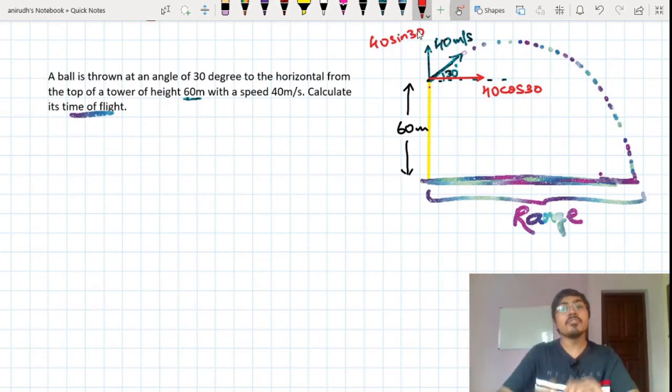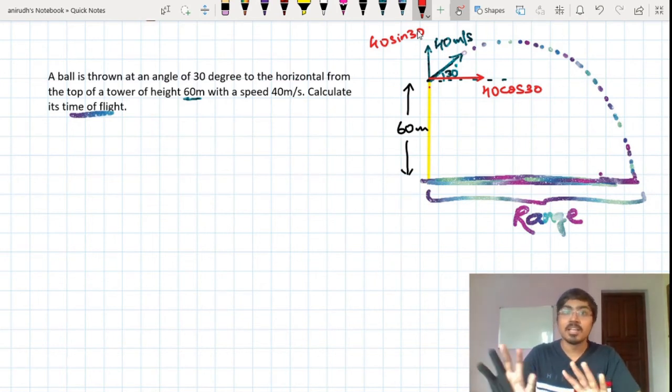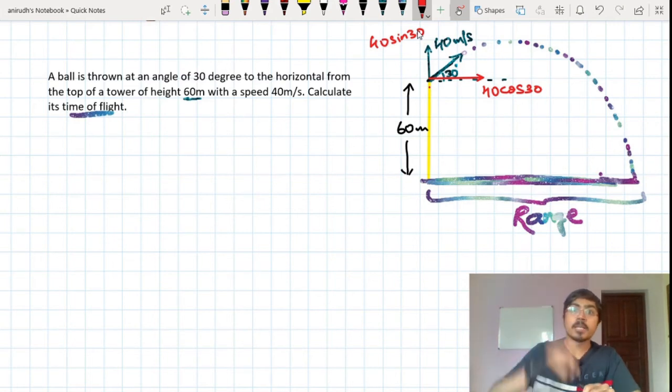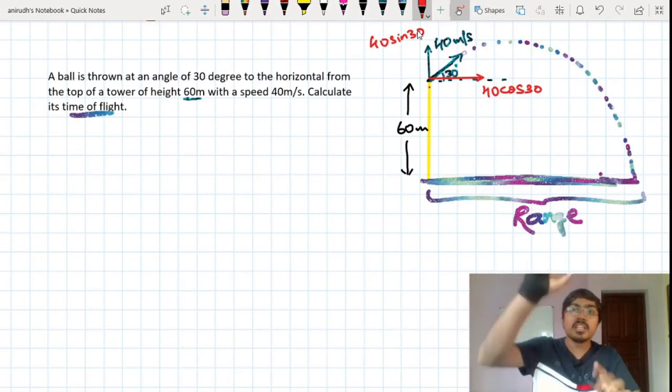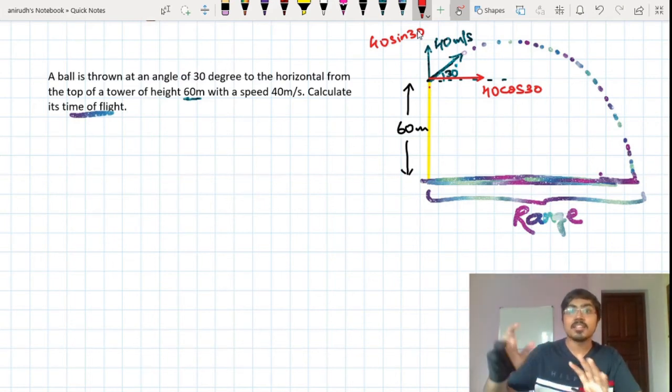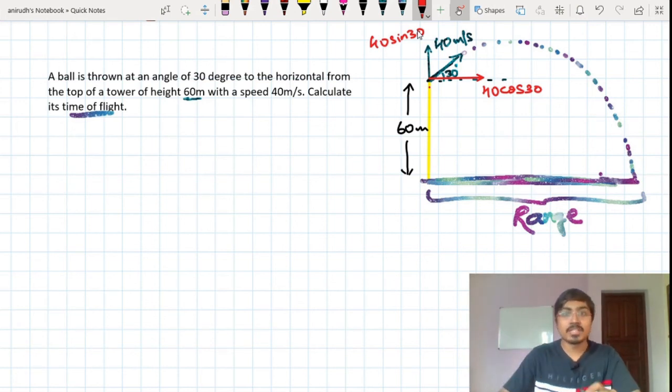Okay, now which of these will you use for solving this? We are supposed to find out time of flight. In the previous questions, when you were throwing it vertically upwards, you were using the vertical velocity to find out the time of flight, although in that kind of question you have only one velocity which is vertical. So here also we will be using the vertical component of velocity to find out the time of flight.